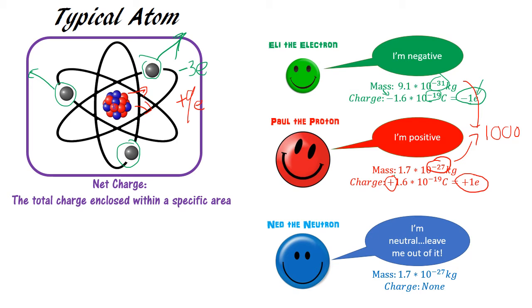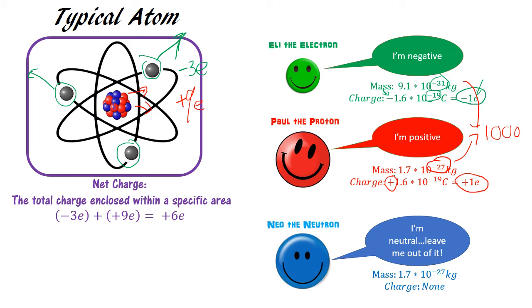The neutrons don't matter because they have 0 charge, so they don't affect it. So our net charge, the total amount enclosed there, is equal to -3 plus +9, which gives us a total enclosed charge of +6e, which would be 6 times 1.6 times 10 to the minus 19 coulombs if you want the exact amount of charge. So that's how you get the net charge.